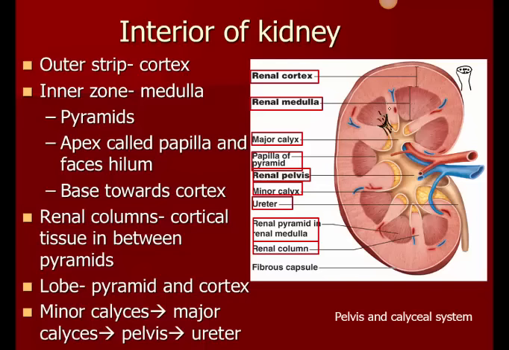Otherwise, how will urine pass out? So this area is actually sieve-like, so that urine passes out in drops into the minor calyx from the kidney, and then it passes all the way out. So have you followed the relationship between the two?